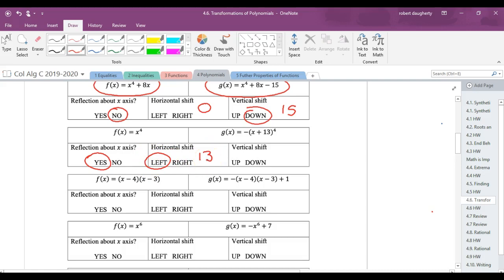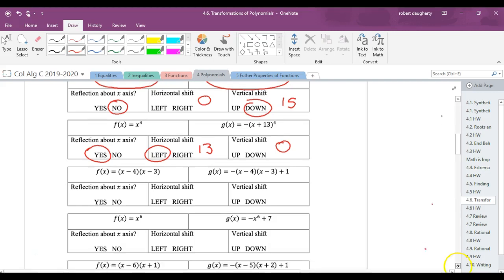Did it move up or down? No. If it moved up or down, there would be something tagged on the end of it. That would be what moved it up 5, but that is not there. So there's no move up or down. Yeah, the negative that's in front.